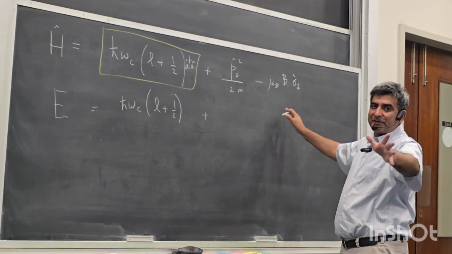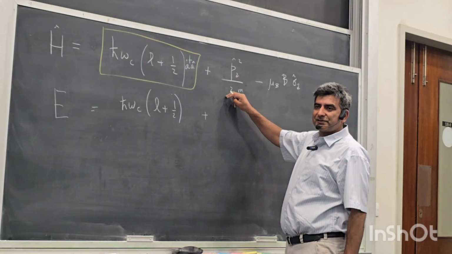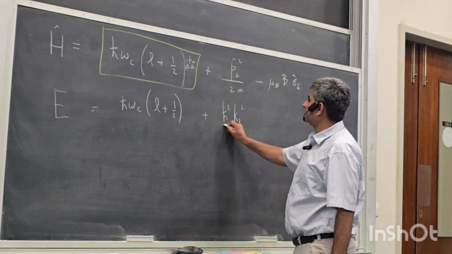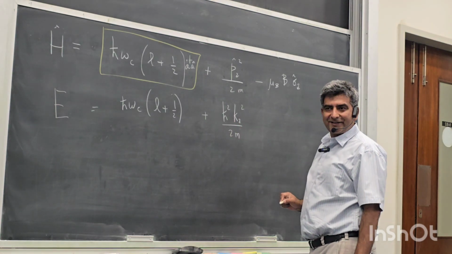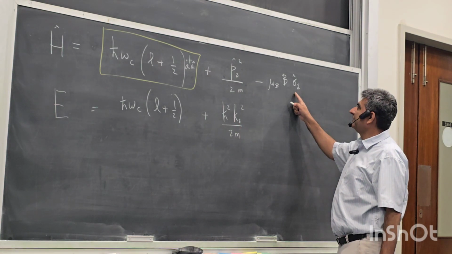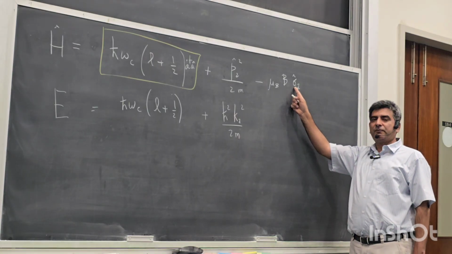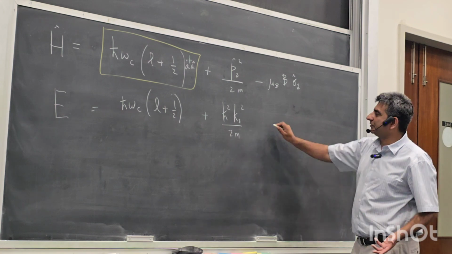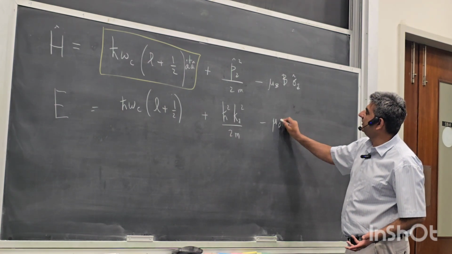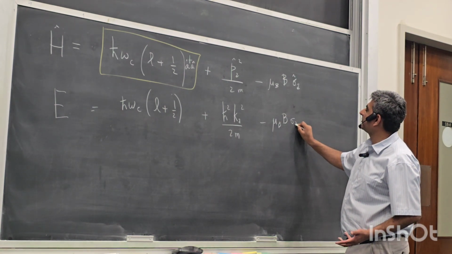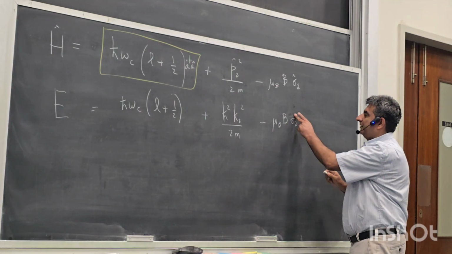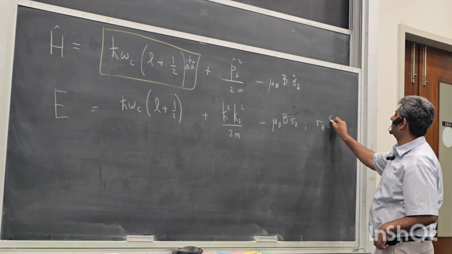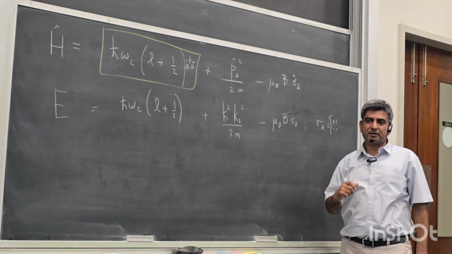So the energy corresponding to this term is simply going to be h bar square k z square over 2m, correct? And the eigenvalue of sigma z, the Pauli operator, can be plus 1 or minus 1. So this term is mu b sigma z, where sigma z can be plus 1 or minus 1 depending upon which spin we're talking about.